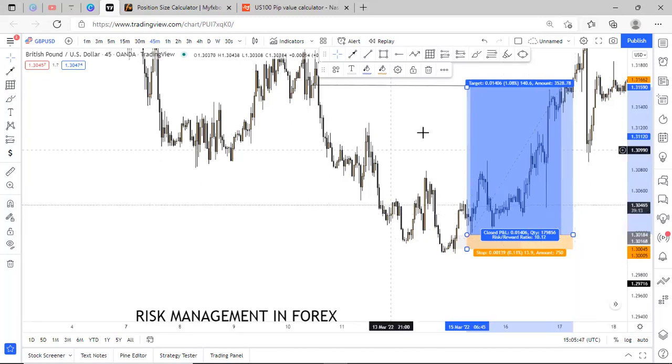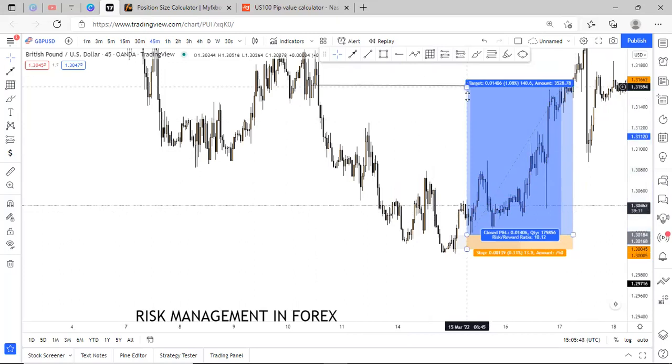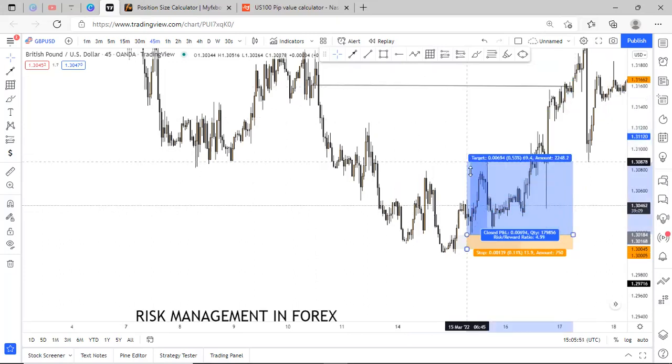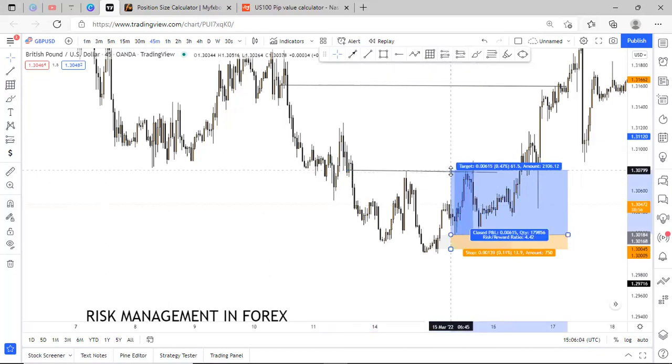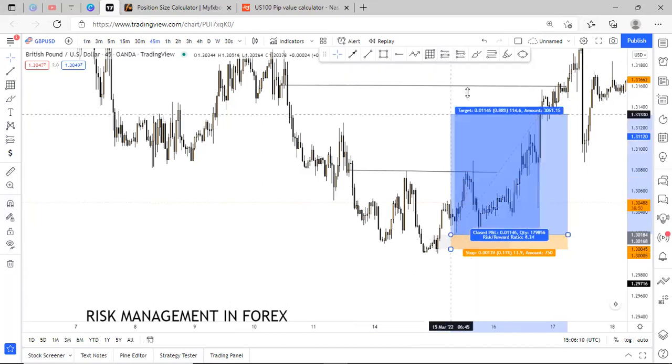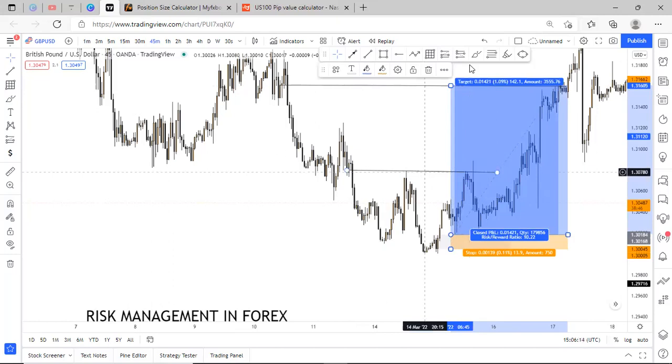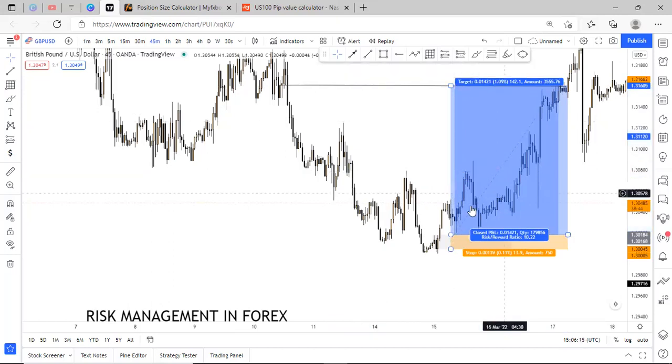So that was what I was explaining. When it comes to reward, make sure your reward is always equal to or greater than 3. Let's say, for example, we got into the trade right here and we decide to take profit maybe at this point right here. You can see it has given us a risk to reward of 4. So always make sure that any trade you are in is going to give you an RR greater than 3.